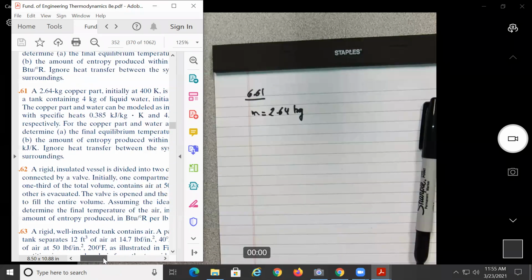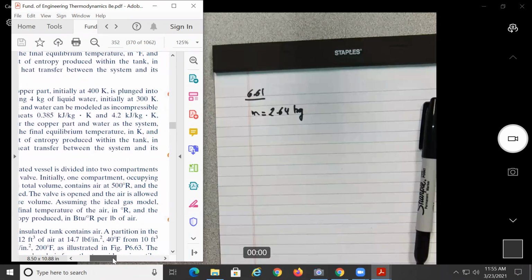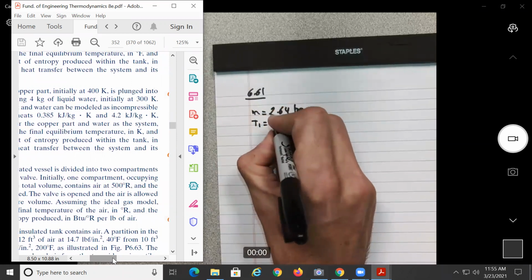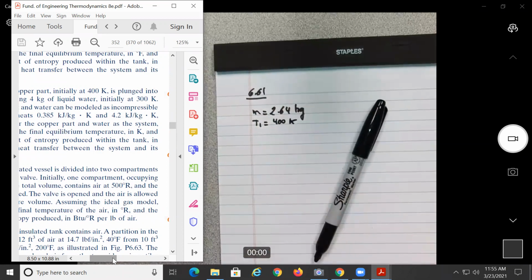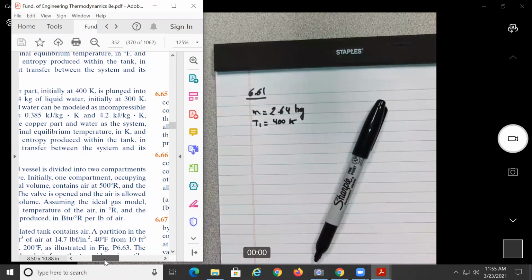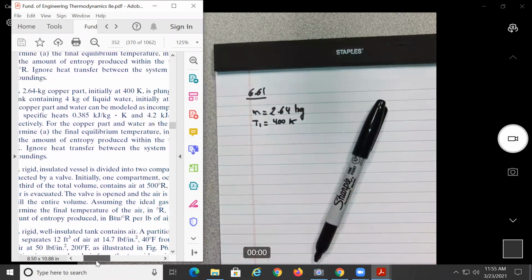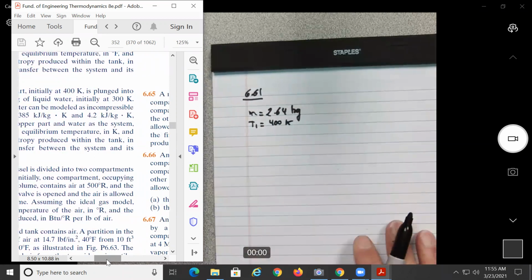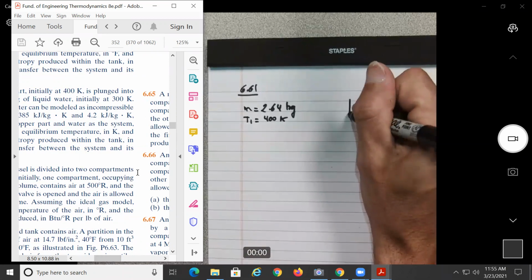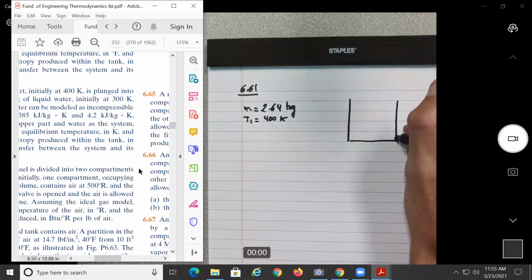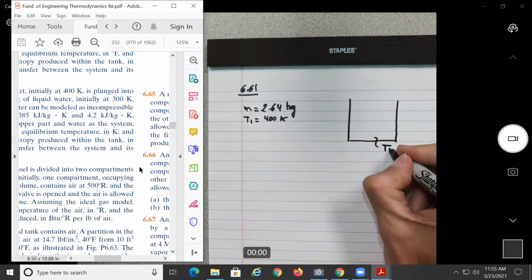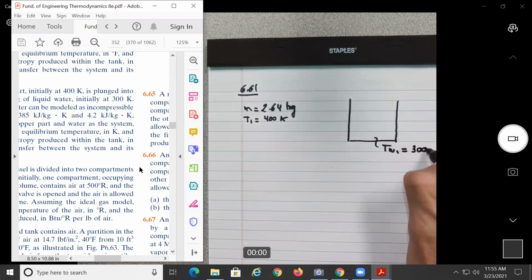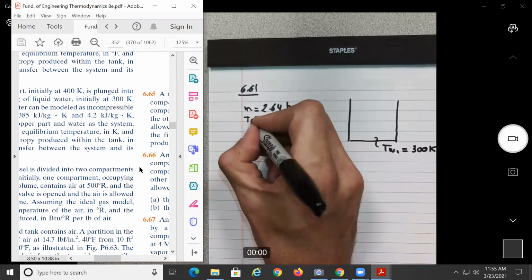A copper part initially at 400 Kelvin, so put T1 equal 400 Kelvin, is plunged into a tank containing 4 kilograms of liquid water, initially at 300 Kelvin. So basically we have here a water tank, T water 1 is 300 Kelvin.